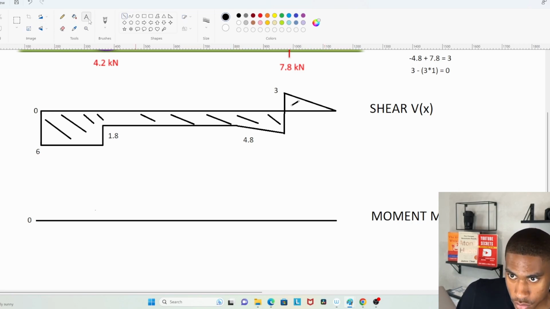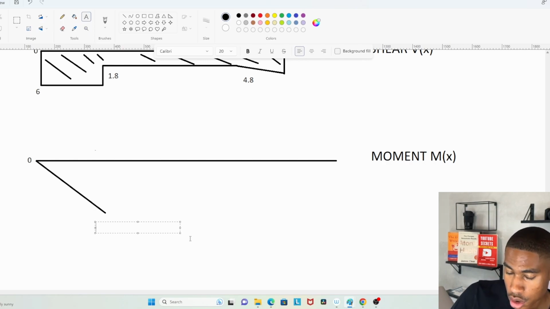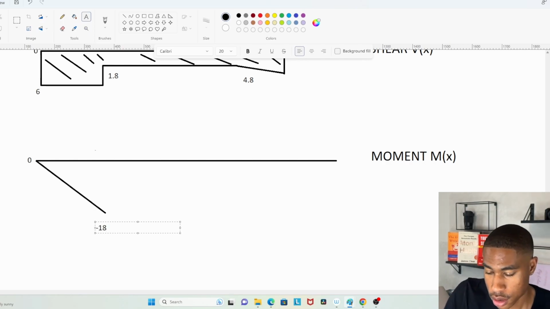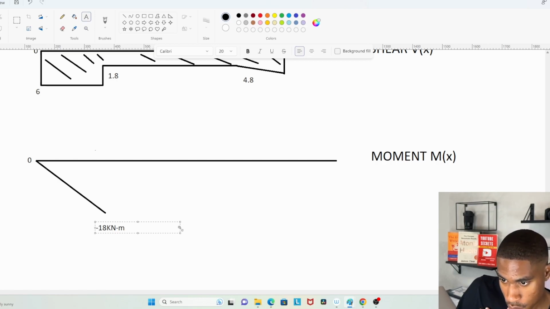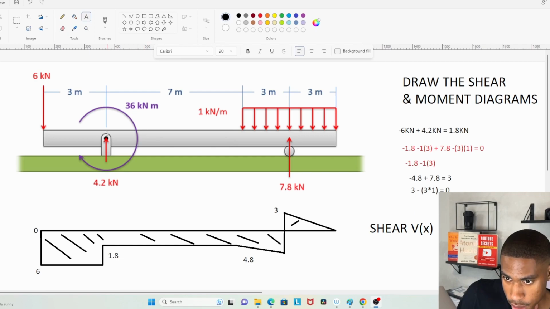So negative 18 kilonewton meters. Okay. So now it looks like we need to look at moment at this fixed point.